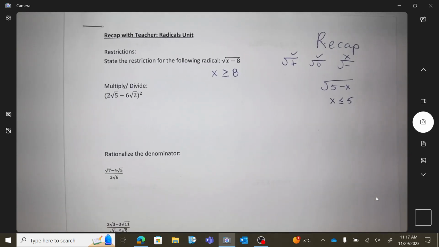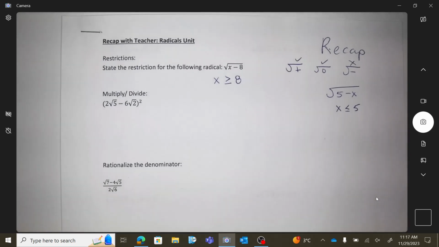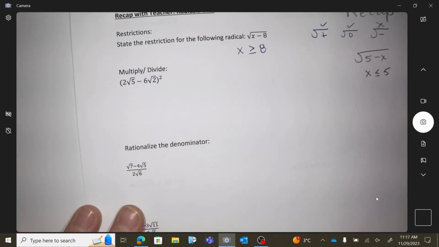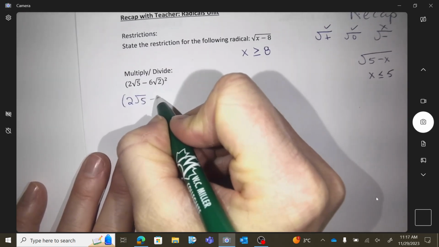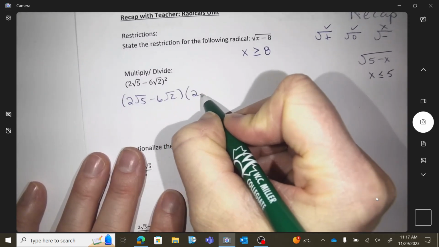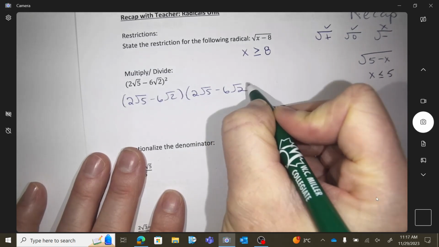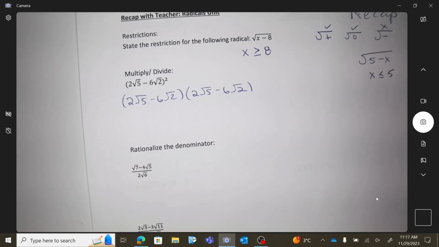Okay, multiplying, dividing stuff. So if I do a squared, don't try to shortcut things. What does squaring binomials mean? Repeat it twice and FOIL.